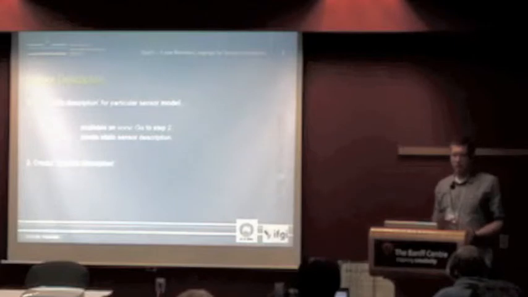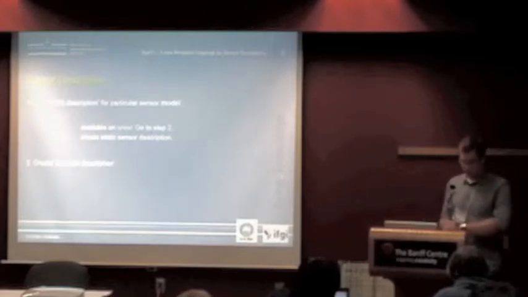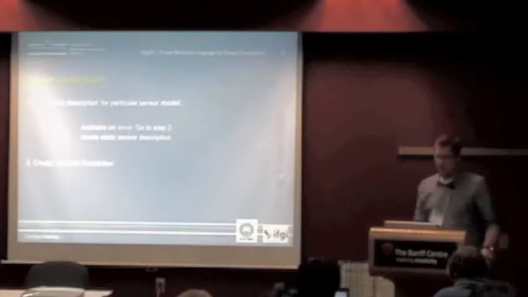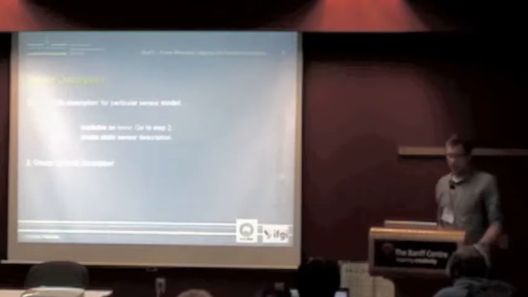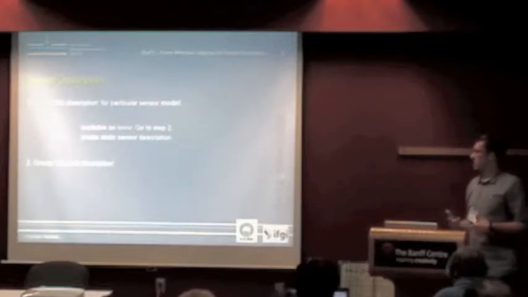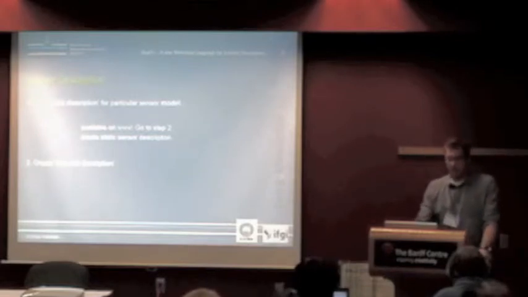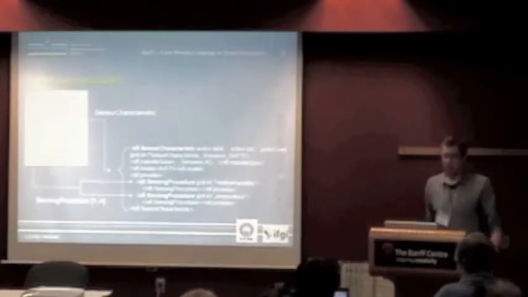That could be either on the manufacturer's homepage next to the PDF sheet of a sensor, or even in a centralized sensor catalog. Then most of the work is done, and he could go to step 2. And if it was not available, the user has to create the static description by himself.